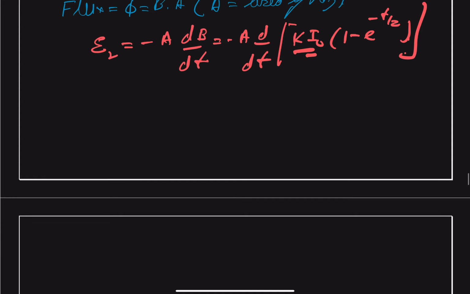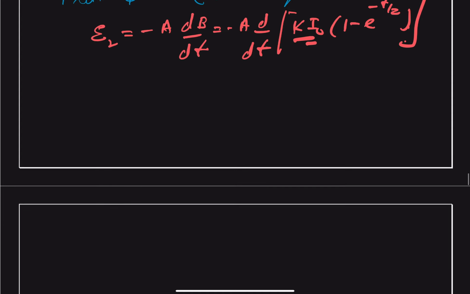So we can write our induced EMF E2 as A K I naught e raised to minus t upon tau, and this whole factor divided by tau.